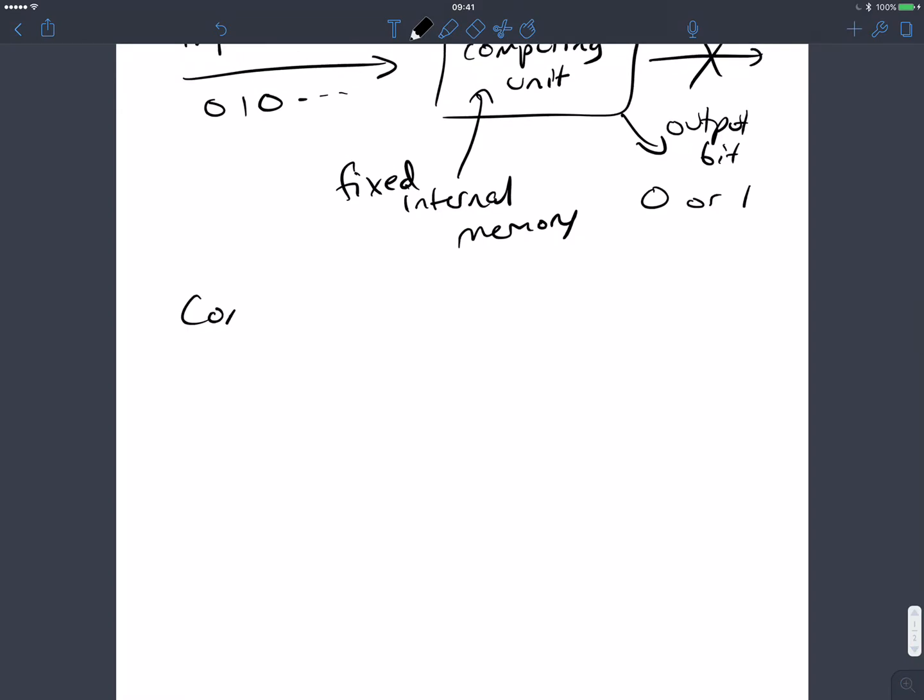So what does the computing unit fundamentally do? Exactly. It processes some amount of input and may do something to the output bit, maybe set some flags, whatever. It may change some of the internal memory, or not, maybe, but it may change some of the internal memory too.